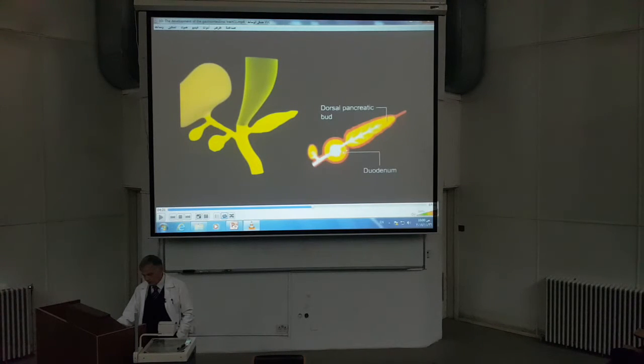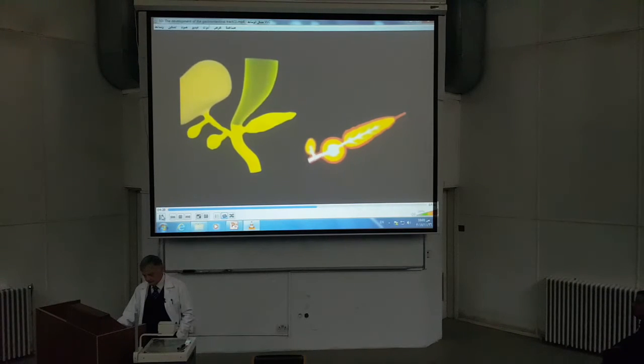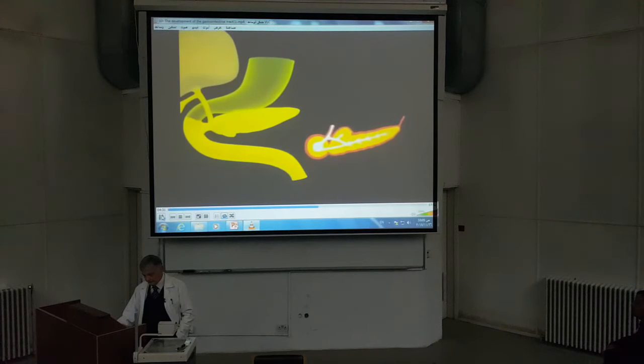If you look also here, this bud is going to rotate clockwise. As it rotates clockwise, the gallbladder, the common bile duct is going to be posterior to the duodenum, and the ventral part of the pancreas is going to join the dorsal part.